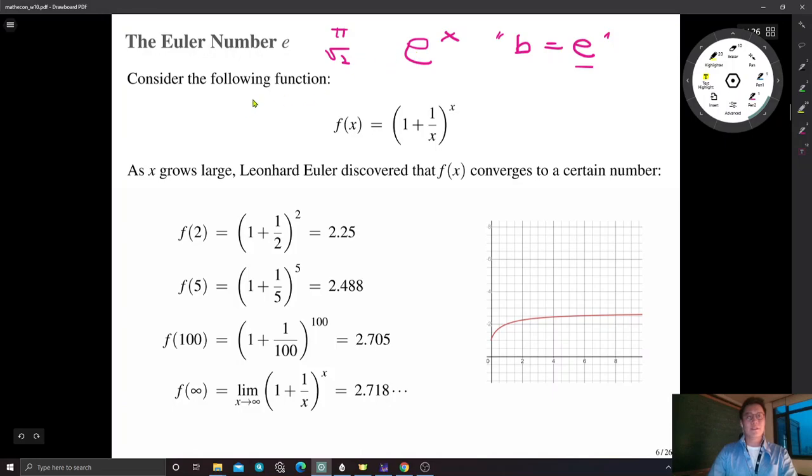There are several ways to define this number e, but in the textbook, the definition is given like this. We consider the function f of x given by 1 plus 1 over x, raised to the power x. First of all, this is not an exponential function because we have a sum, so the base is not a constant.